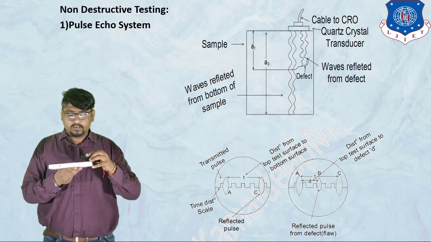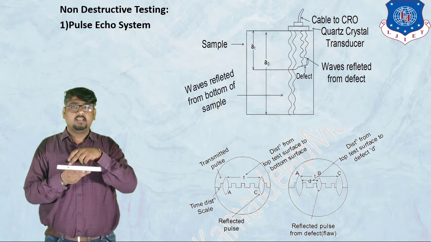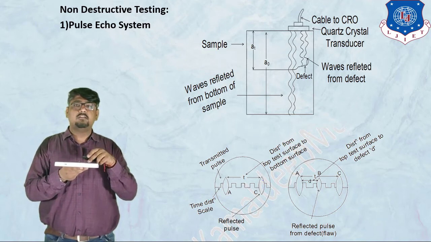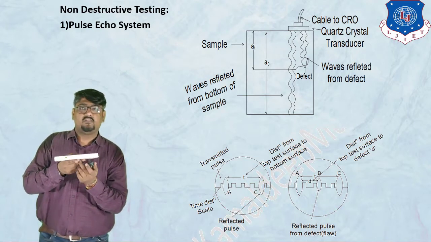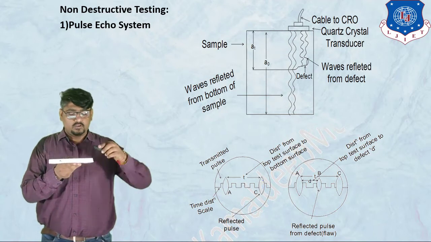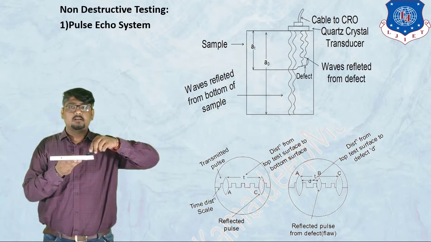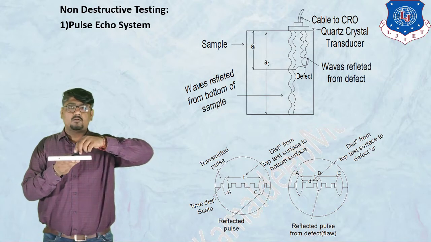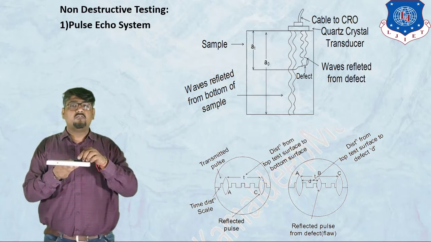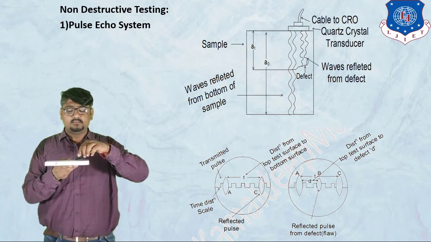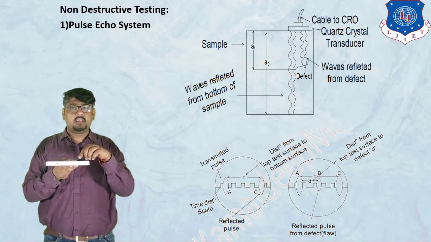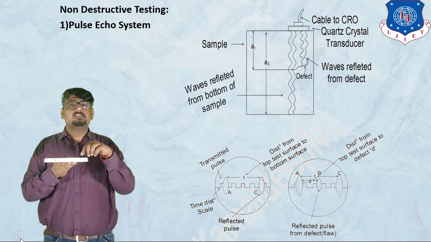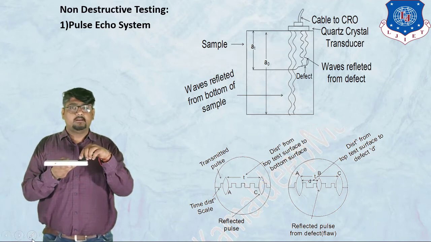Here, this is surface A and this is surface C. If you place the probe over here and move it forward, and there is no defect, then you can see the peak or pattern will be generated at positions A and C.